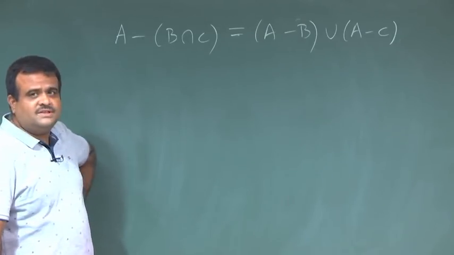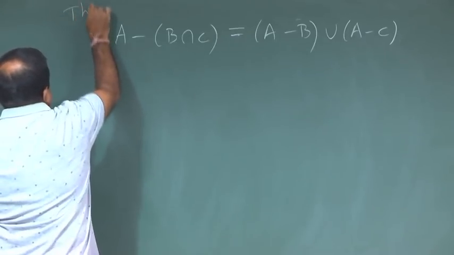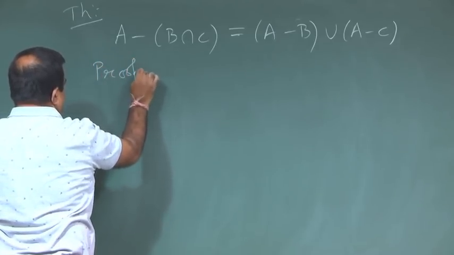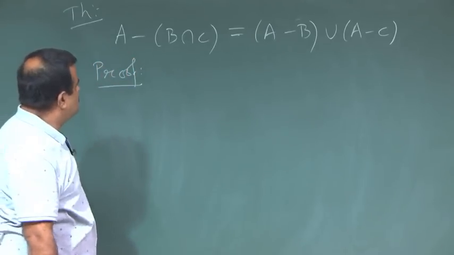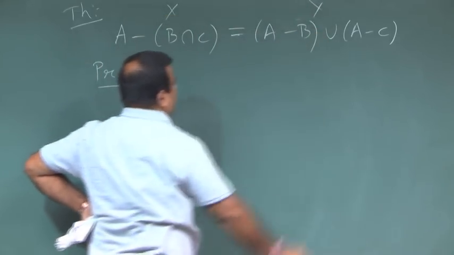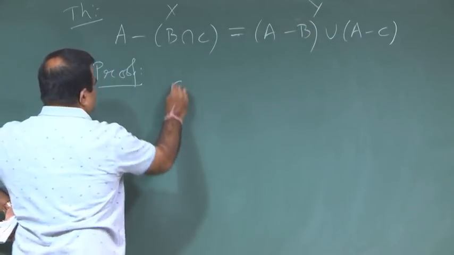If you take 3 sets A, B, C, then this is a result. So, how to prove this? Let us try to prove this. So, we have two sets x and y. We need to say in a similar way that x equals y. So, we have to show. So, we take an element from this set x.